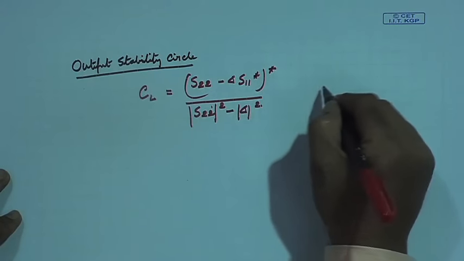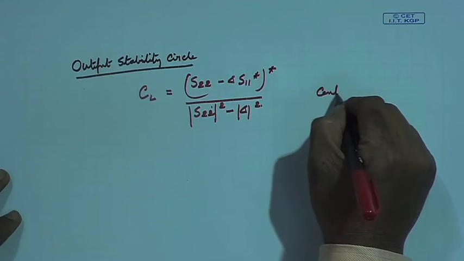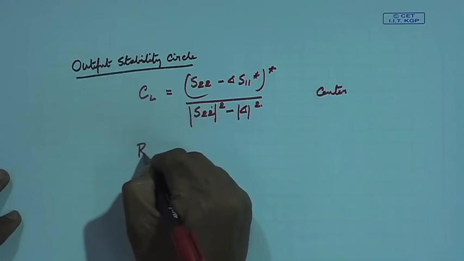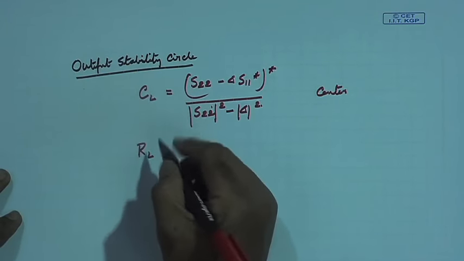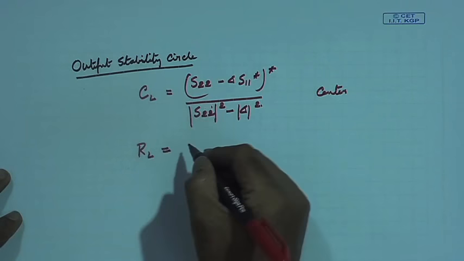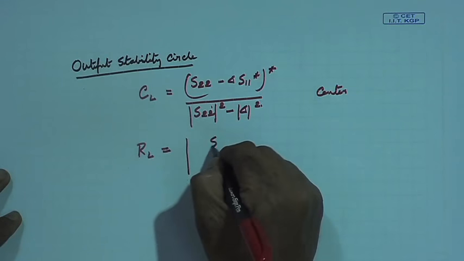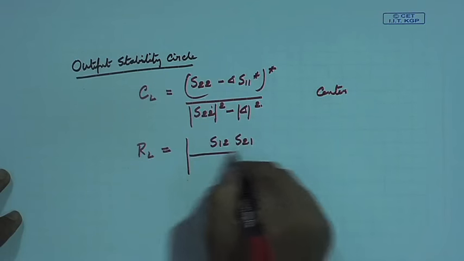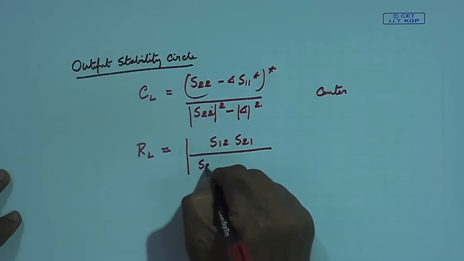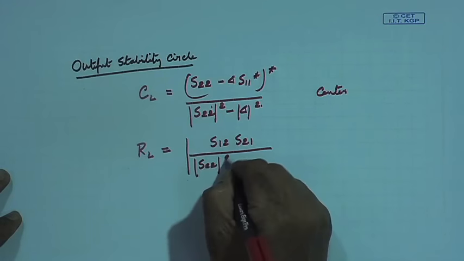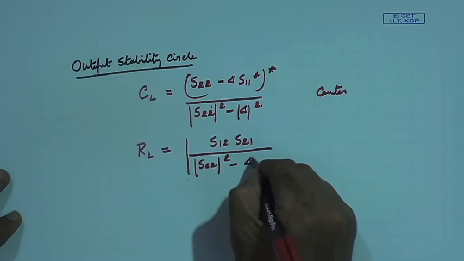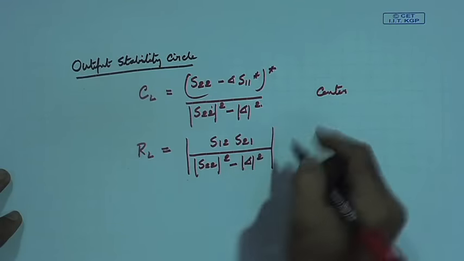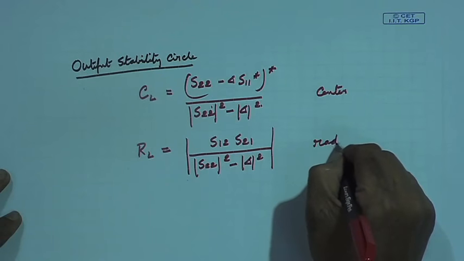This is the center of the circle. You know that for a circle, if I know the center and radius, I can draw the circle. So, knowing the S parameter values or measuring them, I can find this circle. This is the radius of the circle.